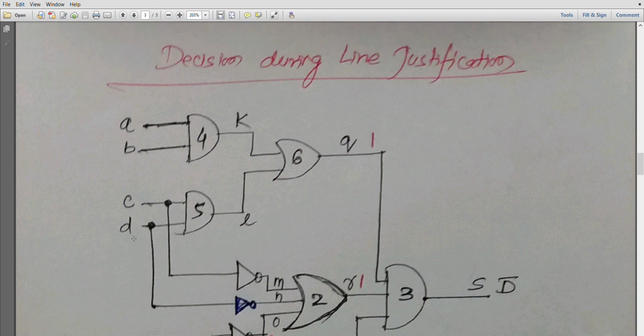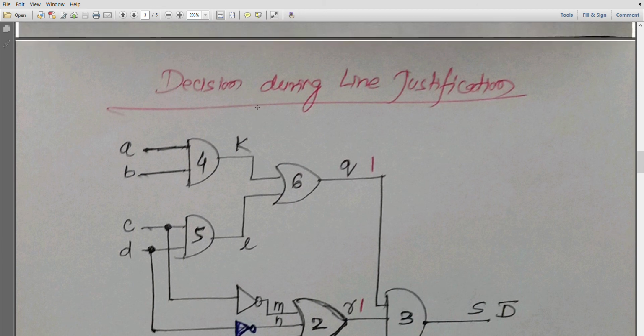So we have seen that at the input of gate number 6, either K or L, we had to decide, and we took the input as K because K is giving me the correct logic for my test pattern generation. So this is all about automatic test pattern generation and the D algorithm.